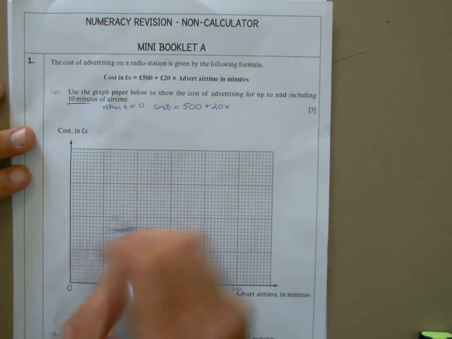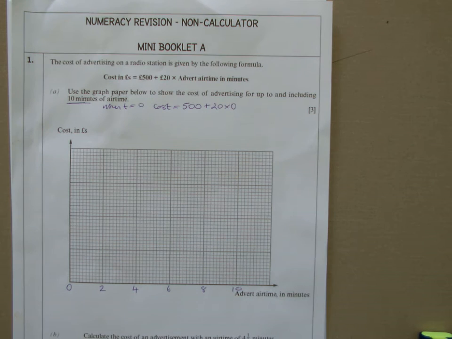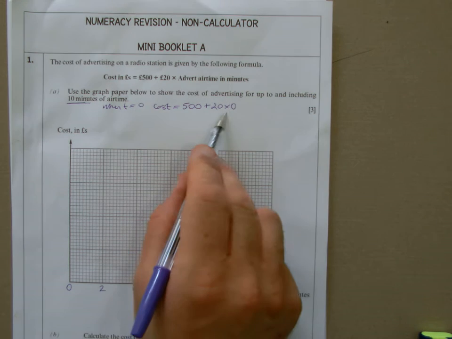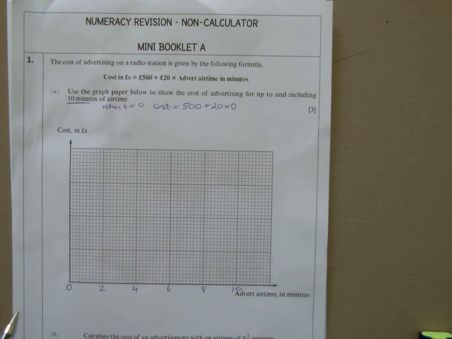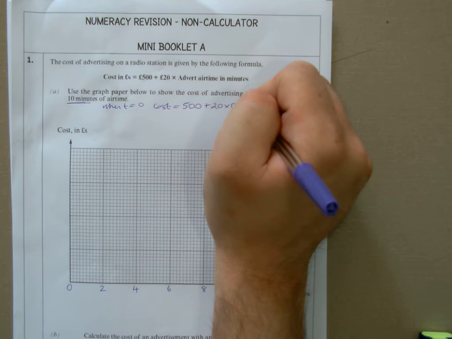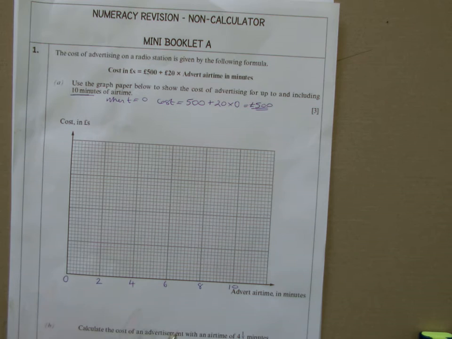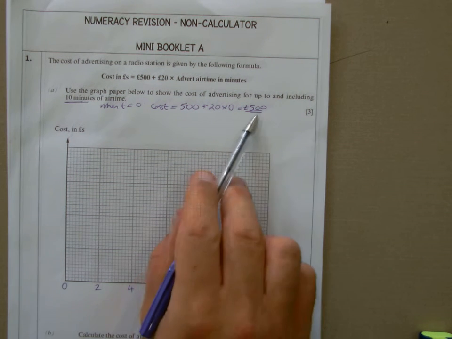Now if the airtime is 0, it's going to be nothing, isn't it? Because 20 times 0 is nothing, so you're just going to end up with £500. So when t is 0, when you don't have any time on the station, you're still paying £500.